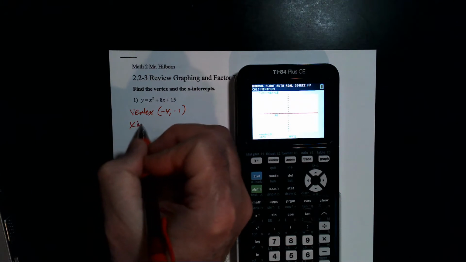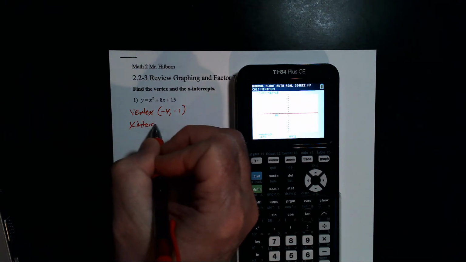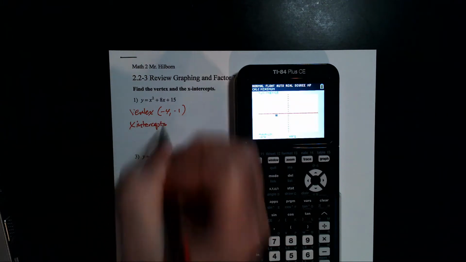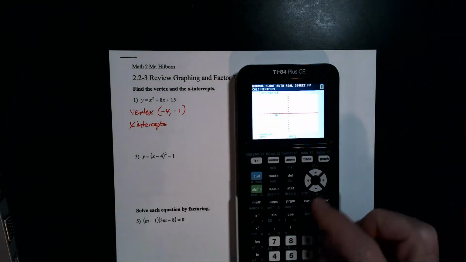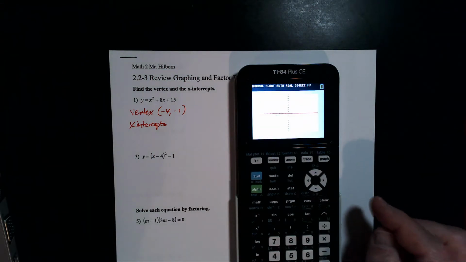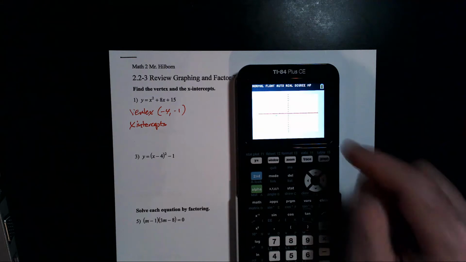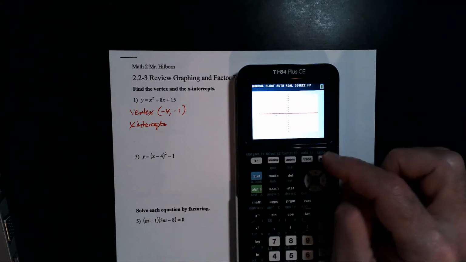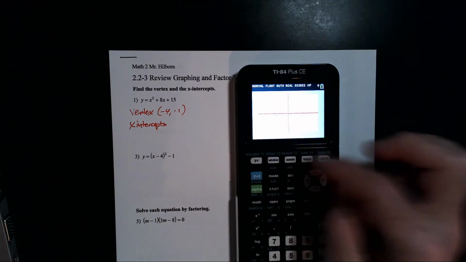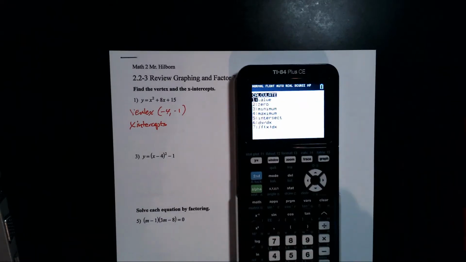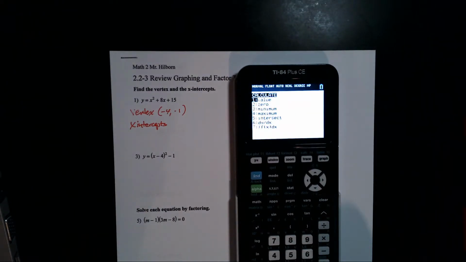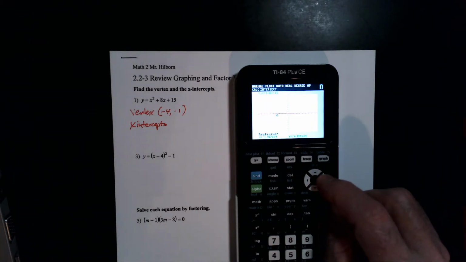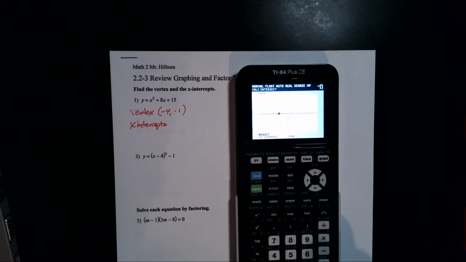Now we're going to find the x-intercepts, and we do that by using the intersection program. We're already there with the graph. So we go second calc, number 5, the intersection program. Here we move to one intersection or the other, and we hit enter 3 times. 1, 2, 3.